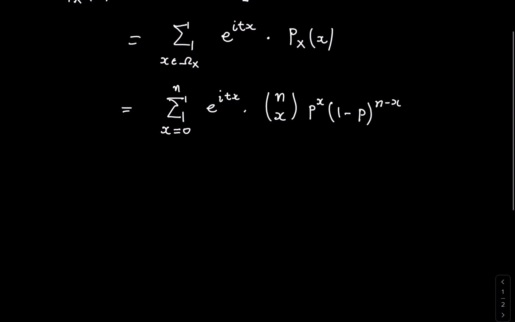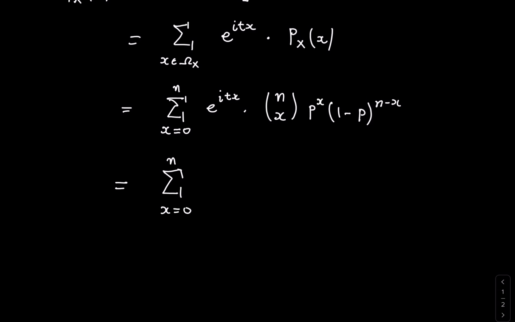Now, the next step in this computation is to recognize that this e to the i t x and this p_X can actually be combined. In particular, they can be combined in the following way.